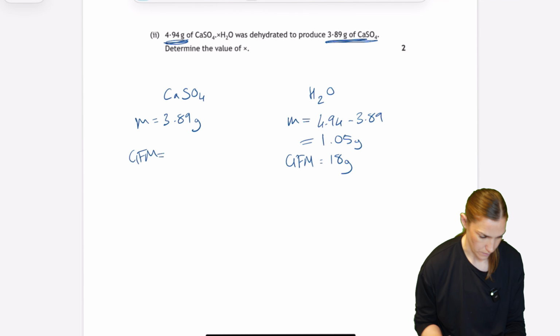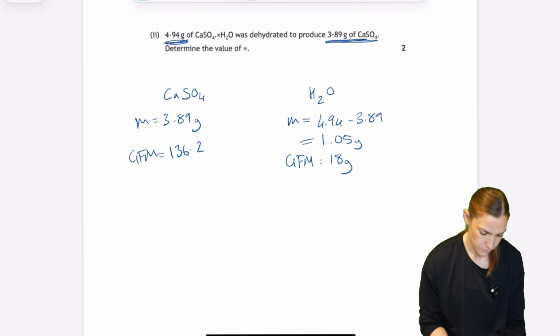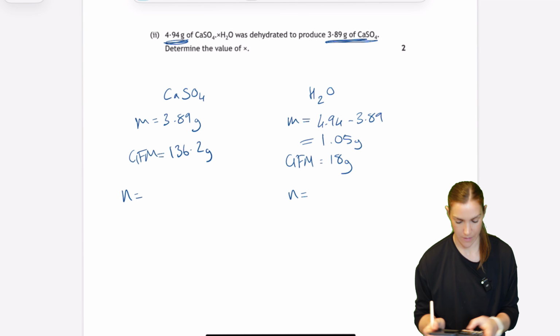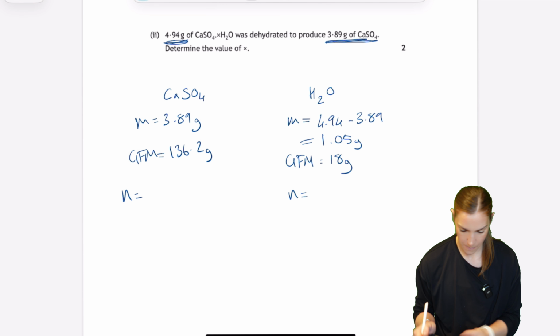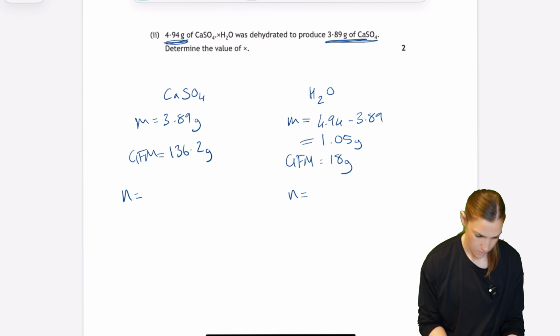So that should give us 136.2. So our number of moles, I'll not write over GFM again because I'm sure you are quite comfortable with that now. So 3.89 divided by 136.2. So that gives us 0.029, say, if we round it.